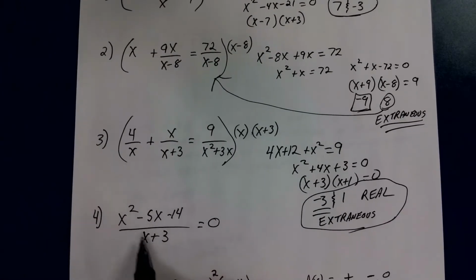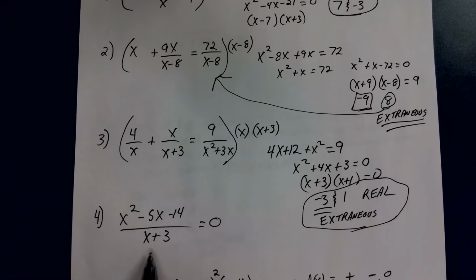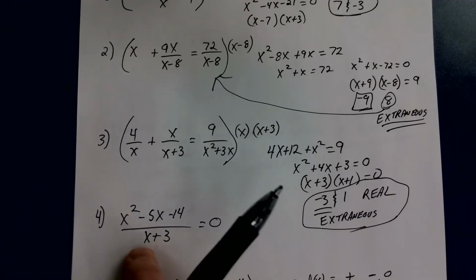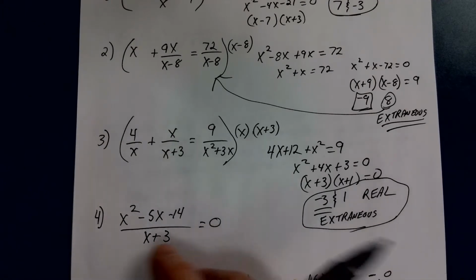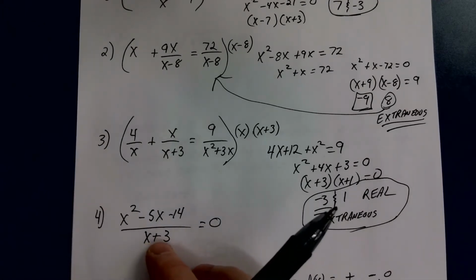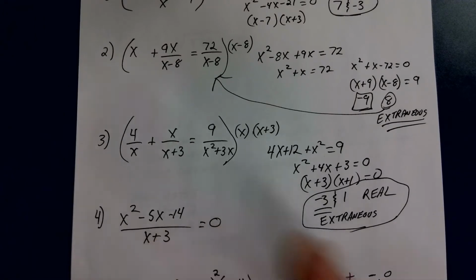Over here, so now I've already got a quadratic divided by a linear, and it says that it's equal to 0. I'm like, ooh, what do I do here? Well, if it was equal to 2, I would multiply both sides by x plus 3 to get it out of there. But if I multiply both sides by x plus 3 to kill off this denominator, what happens to over here? There's nothing left.